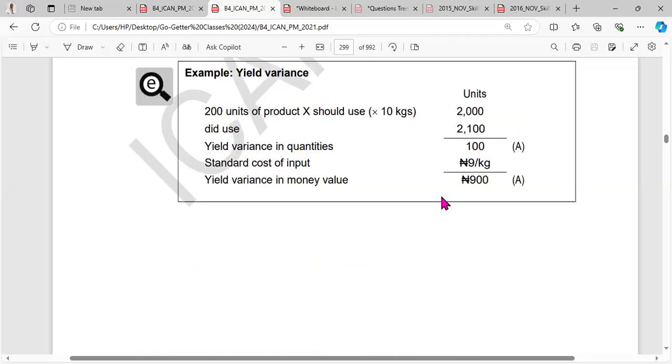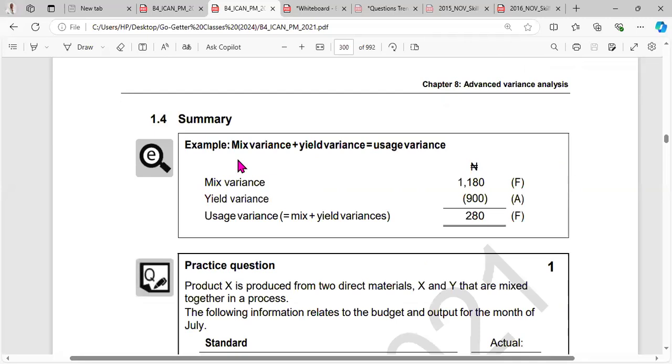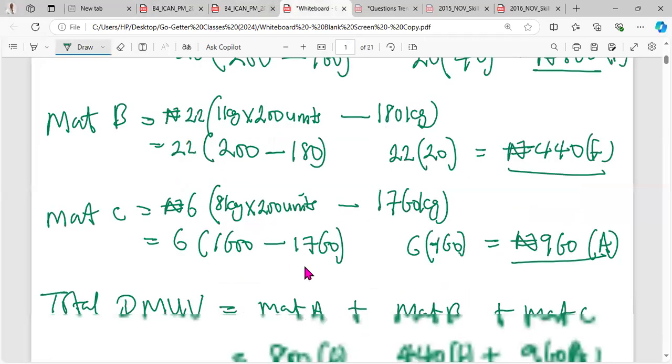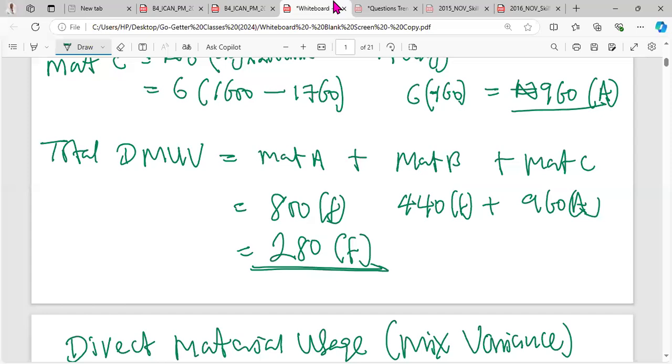All right. Now, if you look at the usage variance, we have mix variance 1180, yield variance 900. When we add the favorable and less the adverse, we have 280. If you remember, 280 was our usage variance.